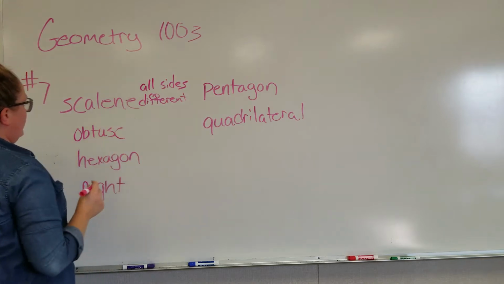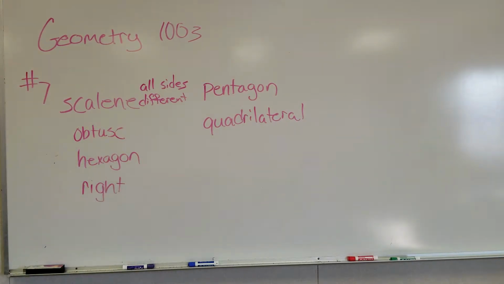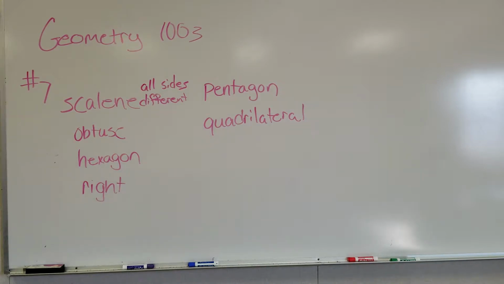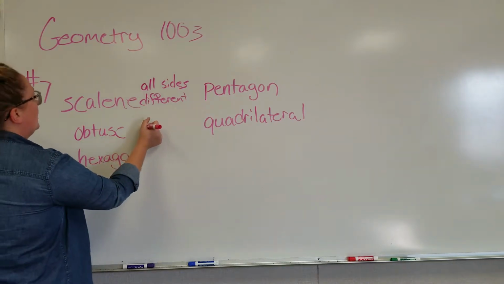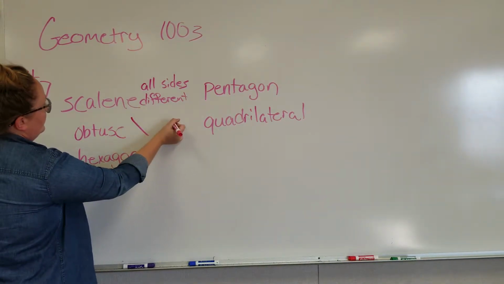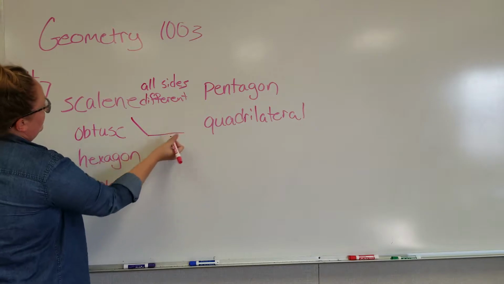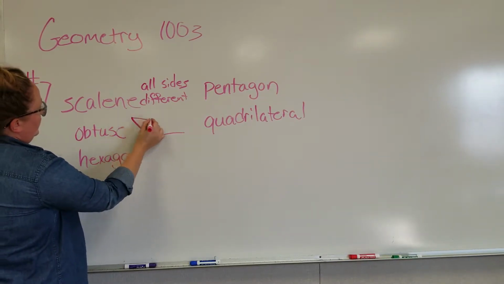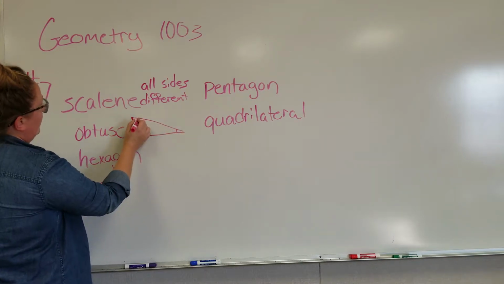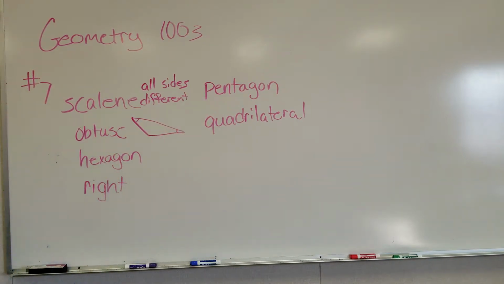Obtuse. An obtuse triangle has one angle that is bigger than 90, okay? You have right triangles, and then you have ones that are less than right, which are acute. Obtuse is going to have an angle that is larger than a right angle, so it's not going to be straight up and down. And then the other two are going to be smaller than 90 in that case.